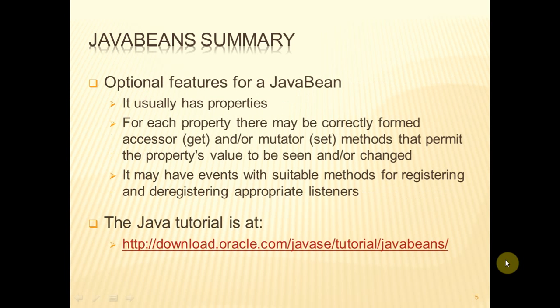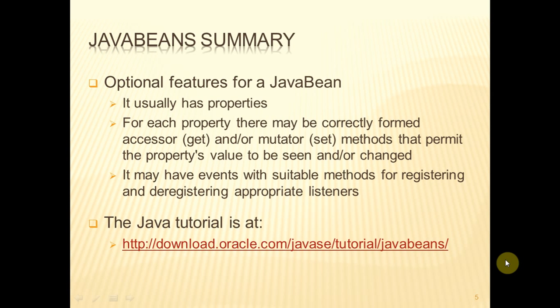Some optional features, well, a Java bean will usually have properties. In other words, some variables in which to store data. And for each of those properties, you might have one or both of the following: an accessor method, a get method, or a mutator method, a set method. And these methods, as you're well aware, will permit the client of this class to get or change data values for those properties.